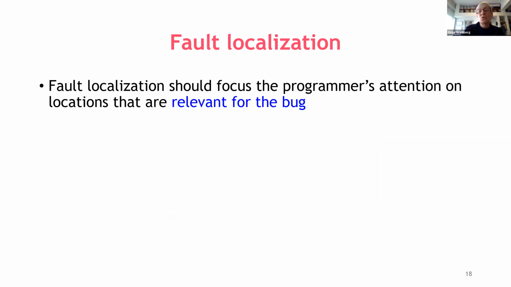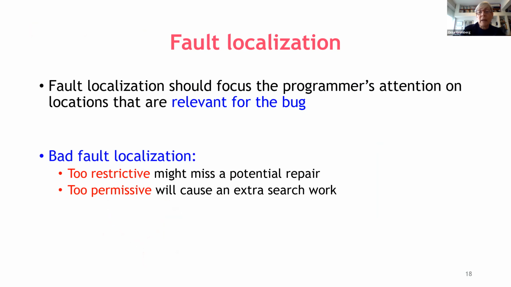Fault localization should focus the programmer's attention on locations that are relevant for the bug. If fault localization is too restrictive, then it might miss some potential repairs, while if it's too permissive, it may cause extra search work.